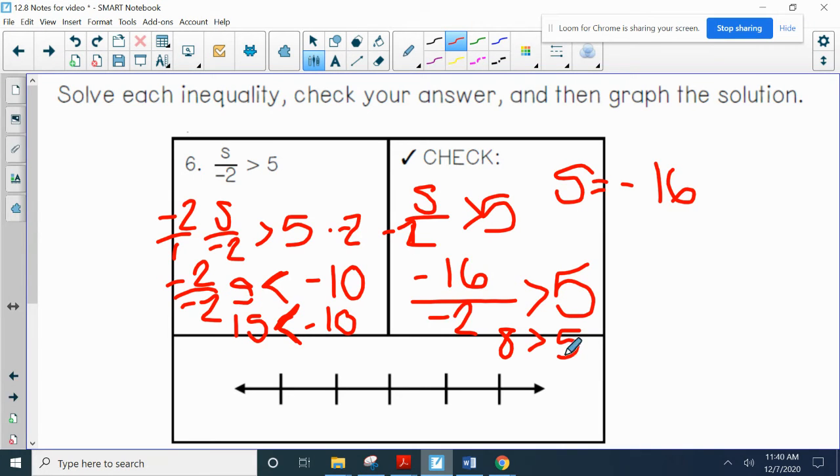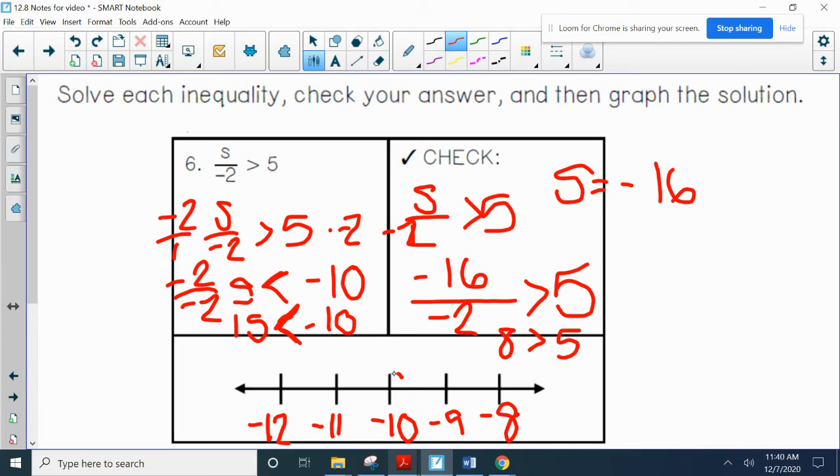All right, what I'm going to do is go ahead and graph this real quick. So we're going to put our middle at negative 10, smaller negative 11, negative 12, negative 9, negative 8, because our negatives work backwards. The smaller the number, the bigger the negative is. We already said that negative 16 made this true.